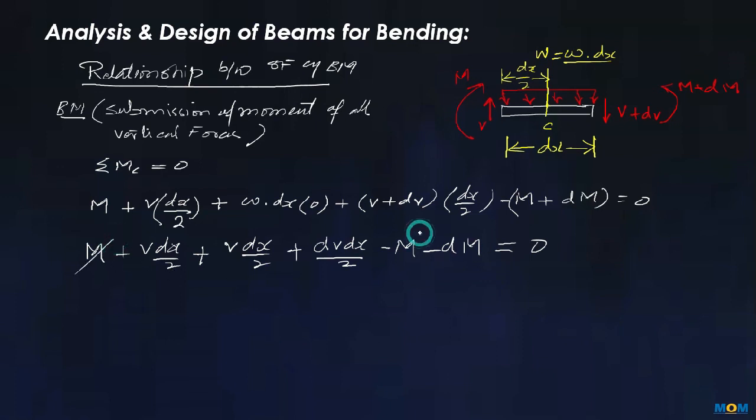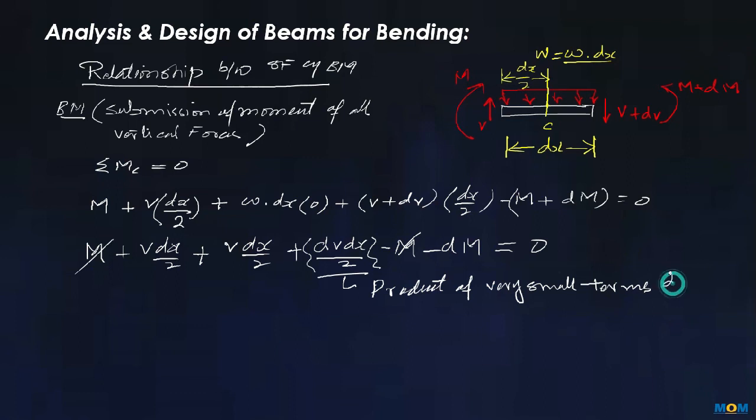Now after cancelling M with minus M, and considering this term, a product of very small terms divided by 2, is going to be very small, so it is neglected.